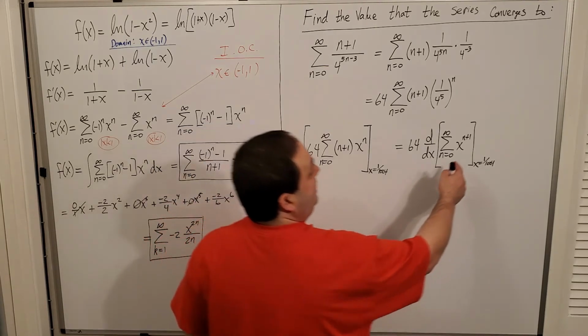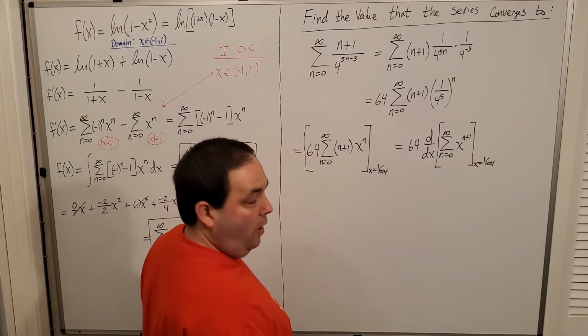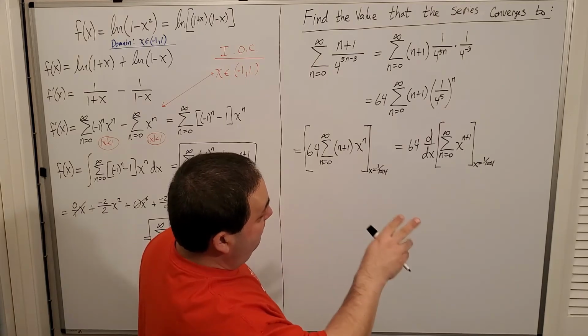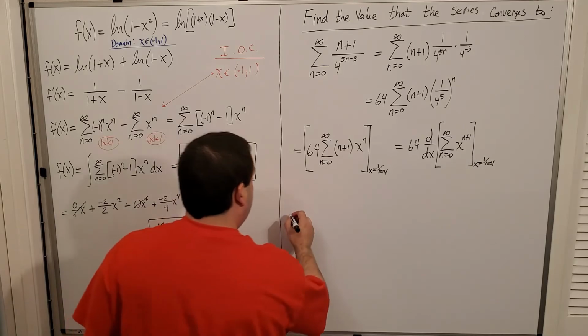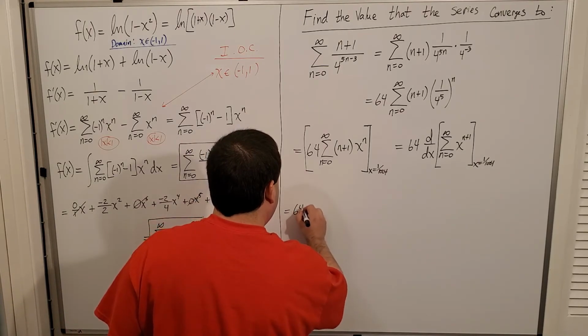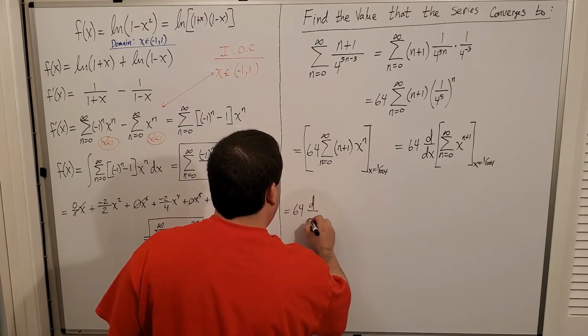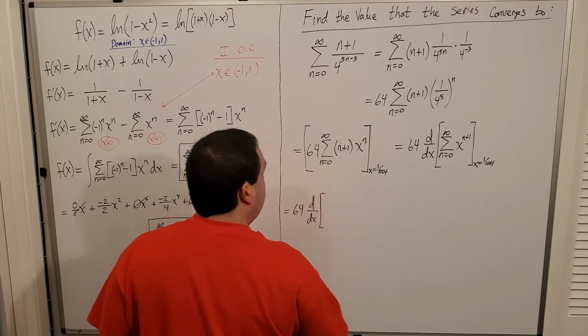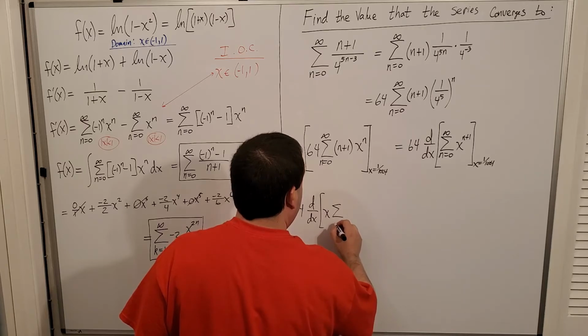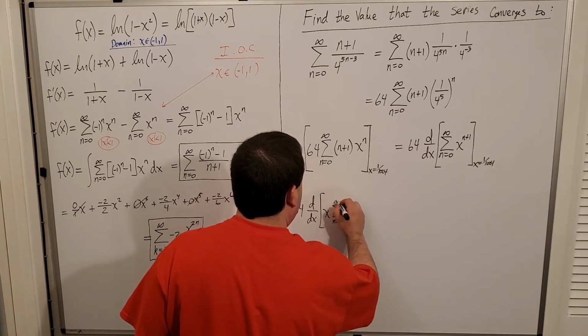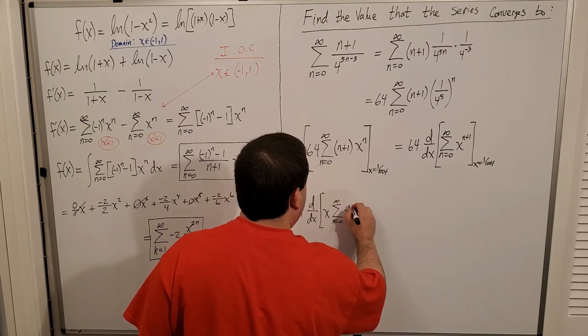Okay, now it is x to the n plus 1, right? So what I need to do is separate off that extra x value. So I have 64 times the derivative of x times the sum from n equals 0 to infinity of x to the n.